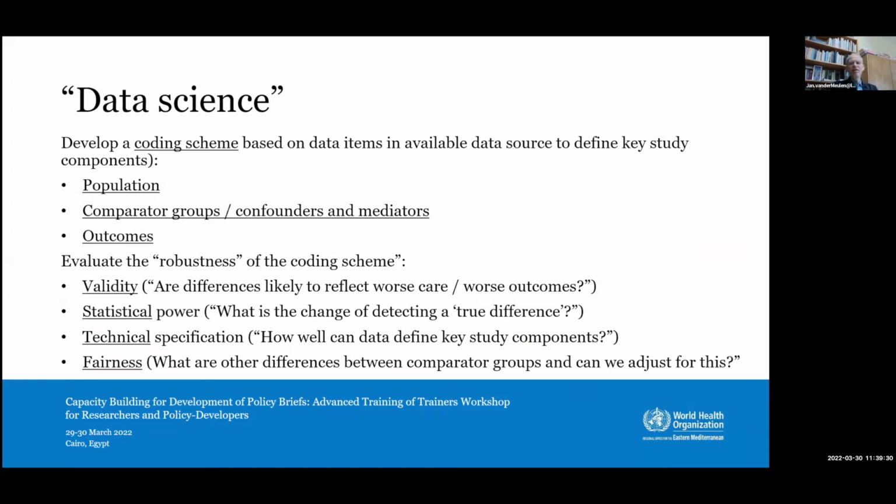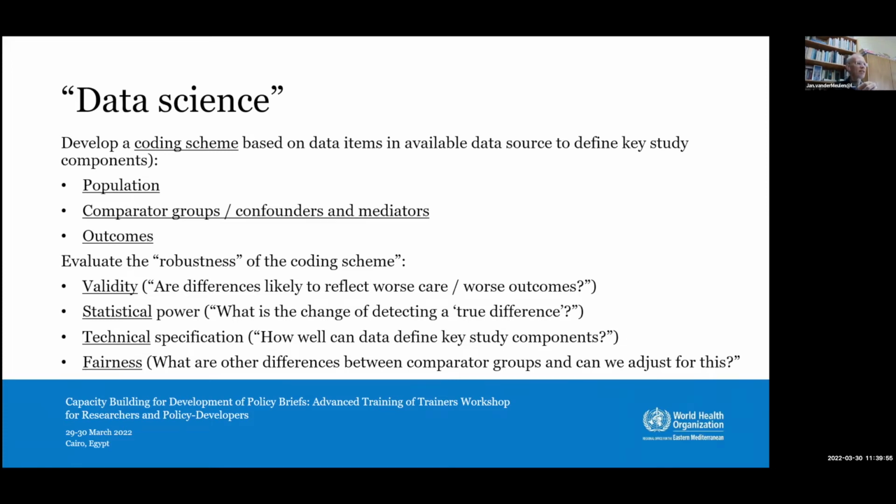Another issue that needs to be considered, and it can also be quite time consuming, is that you have to go through a process which I call data science. And I put it in quotation marks because data science can be quite complex and advanced, but in my case, it's quite simple. You have to come up with coding schemes. And with that, I mean, you have to find data items that can help you to define your population in your data set.